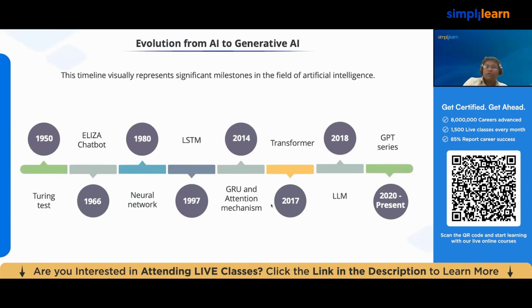In the 1950s there was the Turing test. The Turing test is basically a test used to see whether a machine can mimic humans.